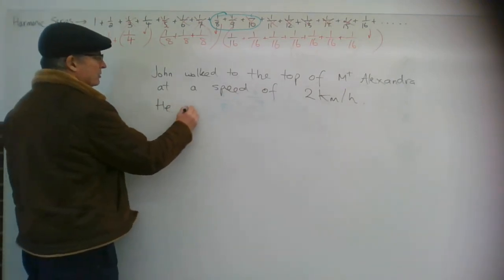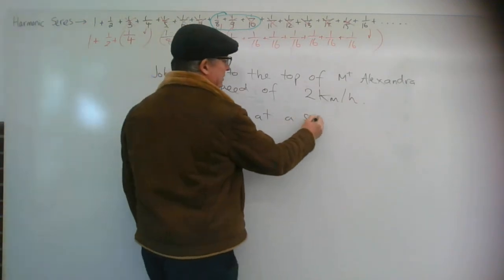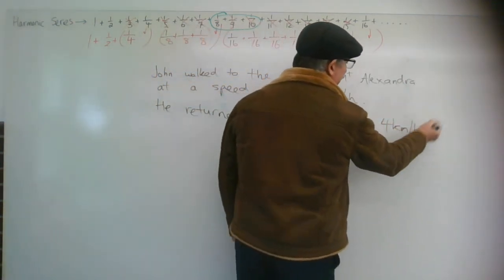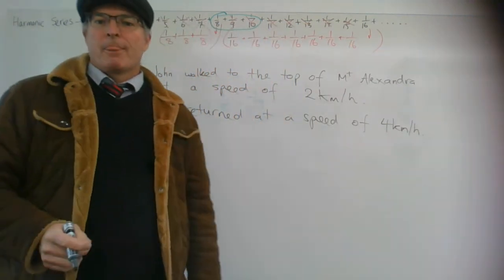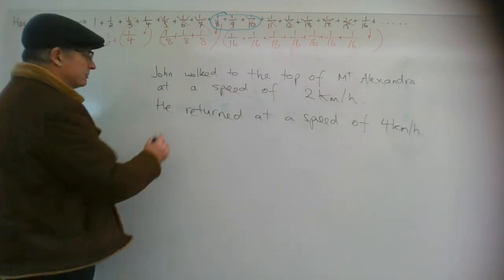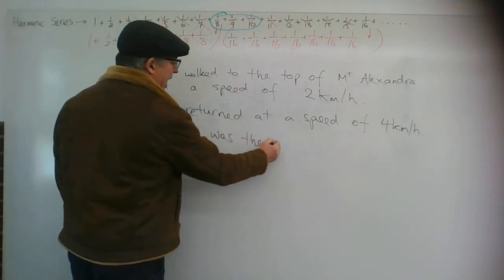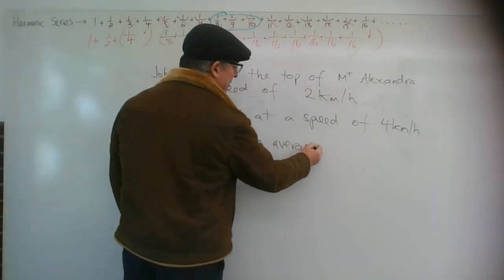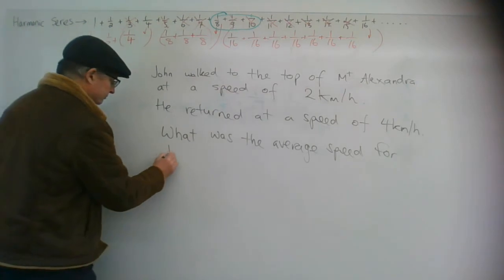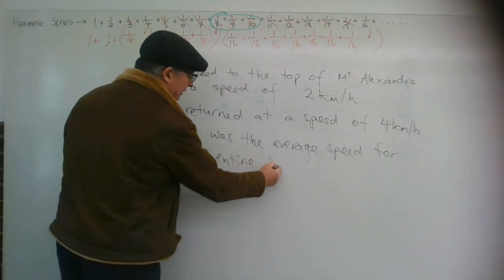He returned at a speed of 4 kilometres per hour. I wonder then what the average speed for John's entire journey is.